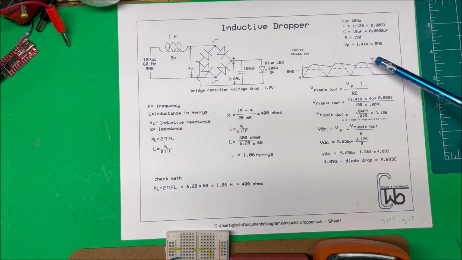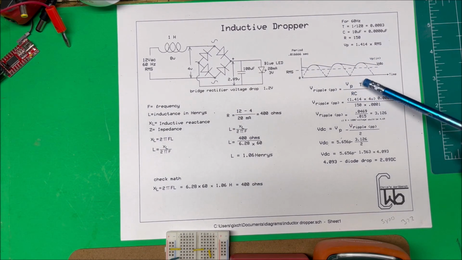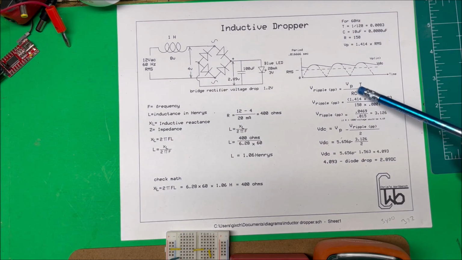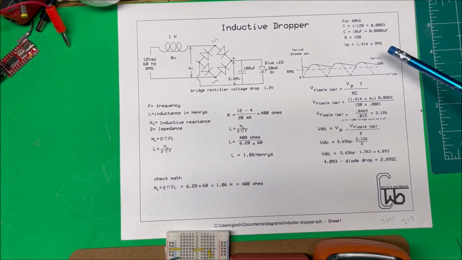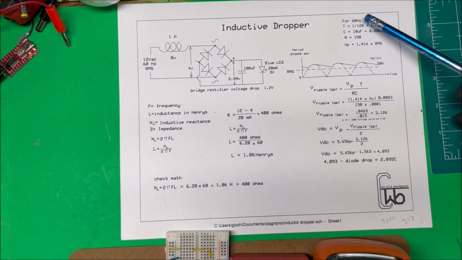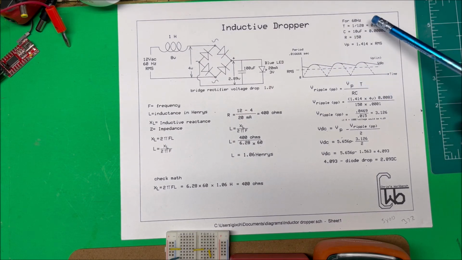Now, to find the ripple, we take the peak voltage times the time divided by the RC, which is this capacitor and whatever load you have over here. This one happens to be 60 hertz, so we take 120, since it's doubled up, and divide it into 1, which is 0.0083 seconds.